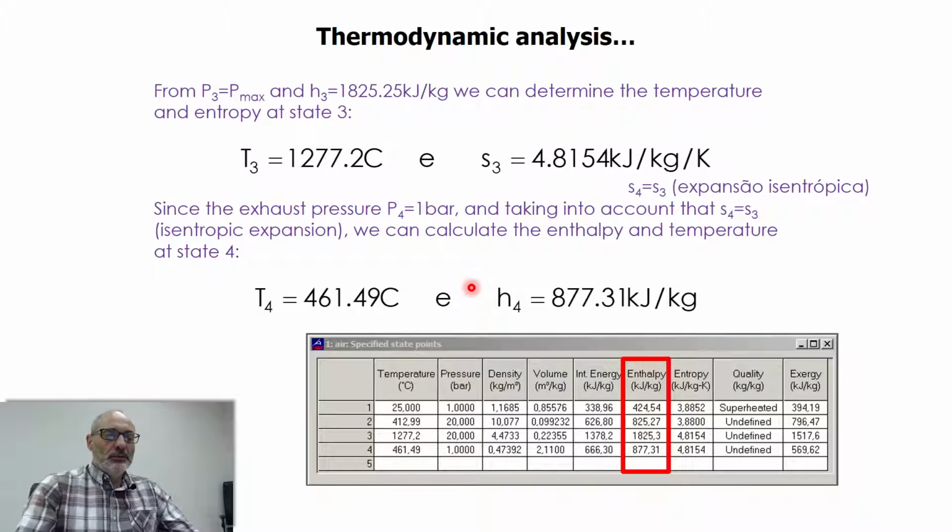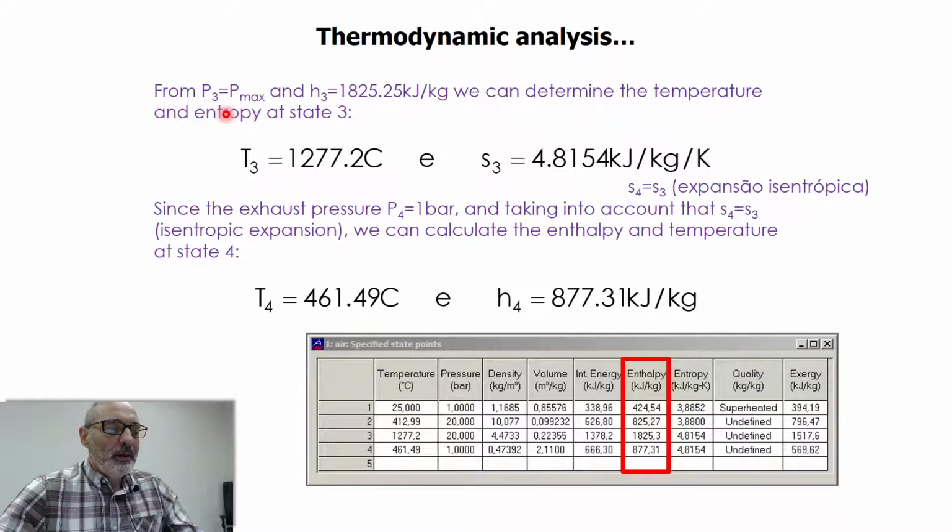Going on, by assuming that P3 equals the maximum working pressure, H3 is what we calculated. We can determine all parameters at point 3, and we determine that the temperature is 1275 degrees.